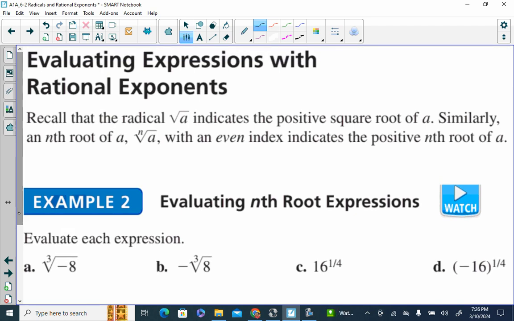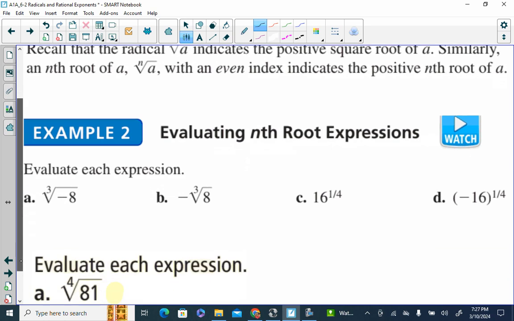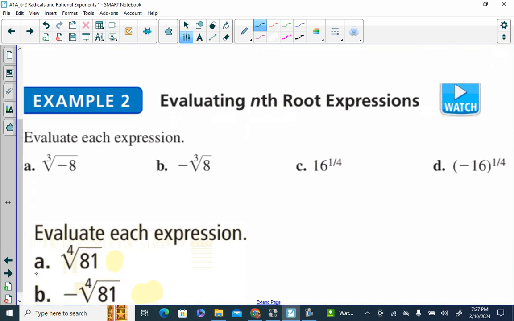Next, we want to evaluate expressions with rational exponents. Recall that the radical a indicates the positive square root of a. Similarly, an nth root of a with an even index indicates the positive nth root of a. All right, so we want to evaluate each of these.